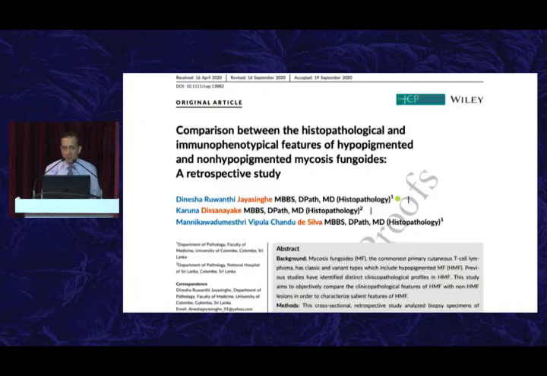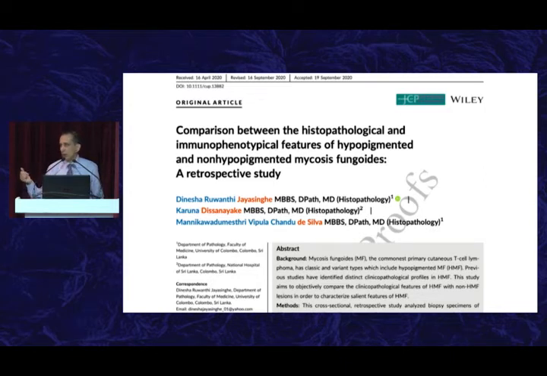This was actually published in the Journal of Cutaneous Pathology last year. Okay? This comparison between hypopigmented and the classical mycosis fungoides, and this is actually the biggest study of hypopigmented mycosis fungoides to date in the world, but this is also with a very limited amount of cases. Okay, so what we did was, luckily all our cases are diagnosed.